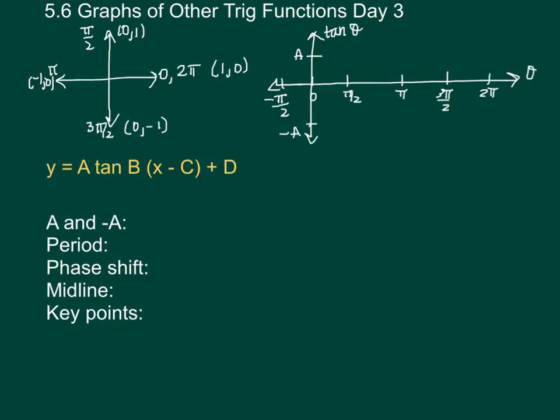So tangent, remember, is the y over the x, or you divide the y coordinate by the x. Looking at my unit circle, at 0, if I divide y over x, I'm going to get 0. At pi over 2, if I divide the y over x, it is undefined.